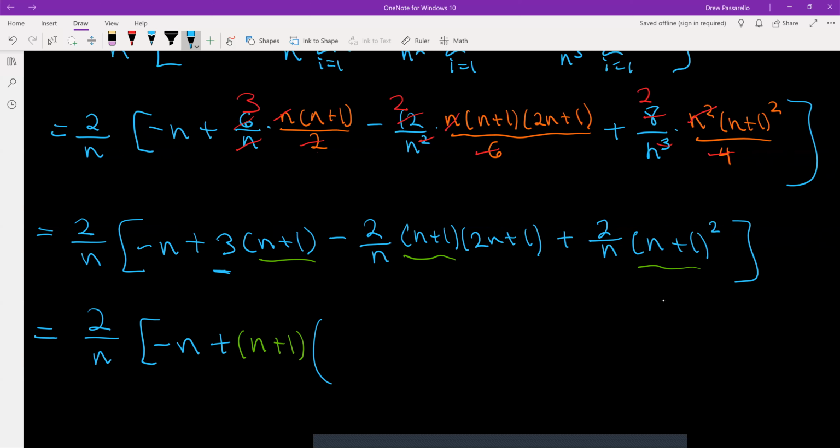So this one's going to give me 3. And then the next one I have negative 2 over n, and then 2n plus 1. And then the last one I took out n plus 1, so that's going to just be 2 over n times n plus 1.